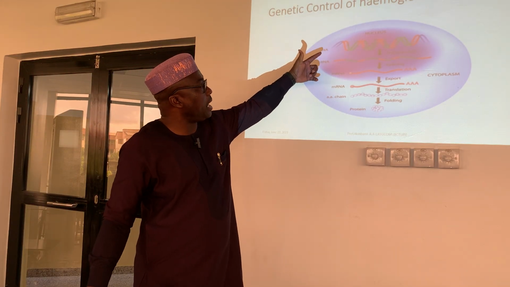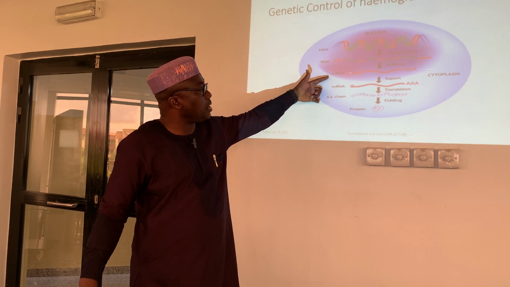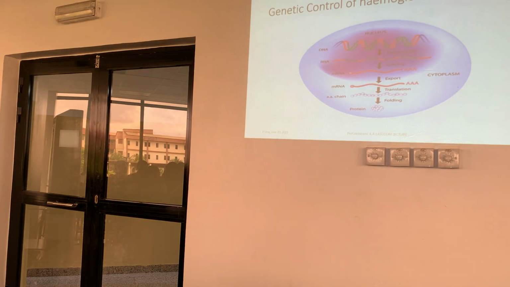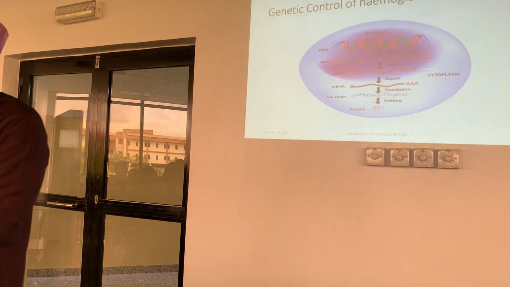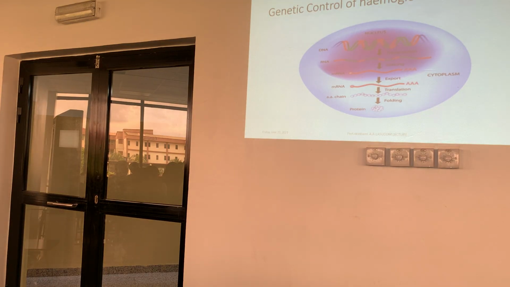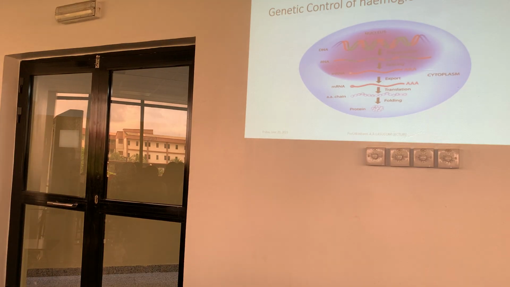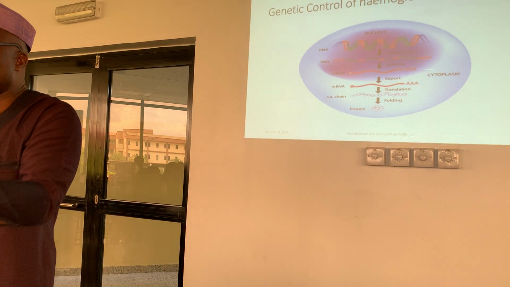So that's what is happening there. You have replication, then transcription. But before it moves out, it has proofreading ability. It can correct its errors, and that's why you have splicing, so that by the time it moves out, you have a well-formed mRNA. You have the introns that are non-coding and the exons that are coding. So the body will slice away all the non-coding parts of the mRNA before it moves out.